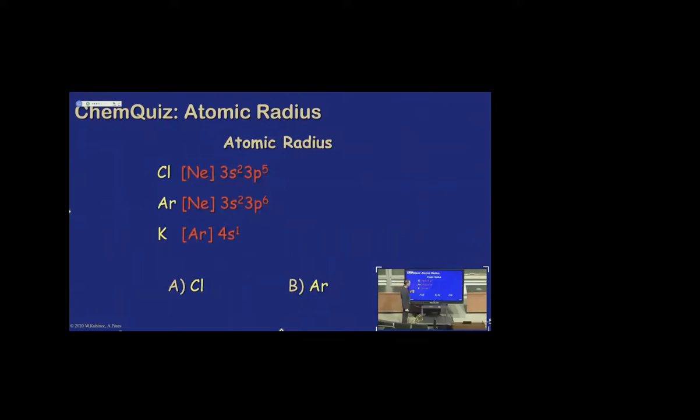Chlorine, argon, potassium. This jumps out immediately, that potassium is a whole principal quantum level higher than argon. So if you were going to compare argon, you'd say argon's smaller than this one, lower radius. You've got a whole principal quantum level, you're going up one, and there's that 4s electron there. So you'd look then and say, well, what about between these two?